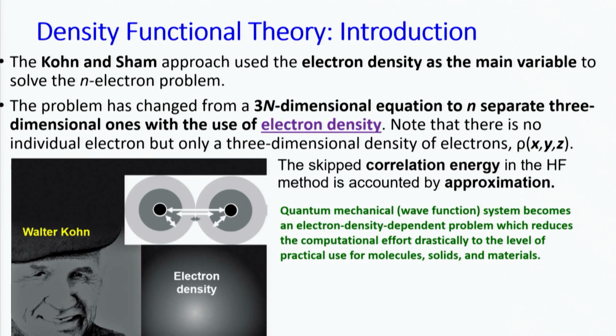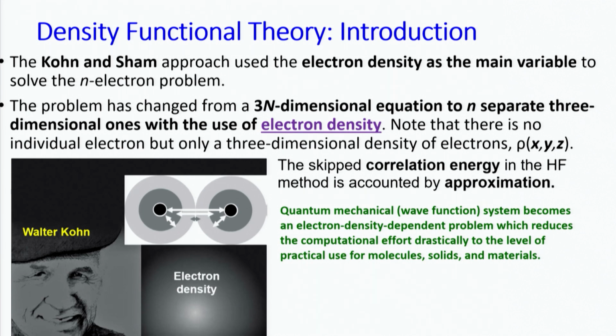Density functional theory, as the name suggests, uses electron density as the main variable to solve the n electron problem. In the earlier case, if you have n number of electrons, then each electron's coordinates are variables.